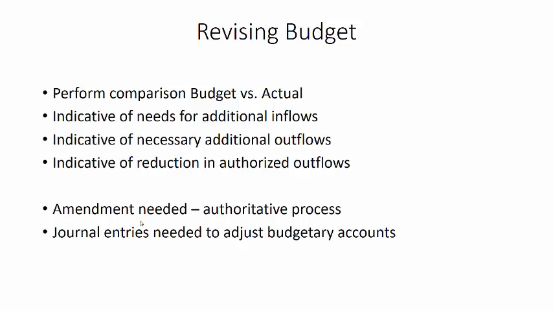Think about that. All right, so based on what our results are and what administration gets together and decides to do, they can amend the budget. Again, there's an authoritative, legally binding process that's going to take place, and then if an amendment is passed upon the budget, then we will need to make some journal entries and adjust those budgetary accounts.